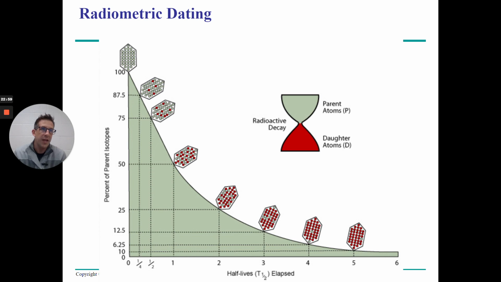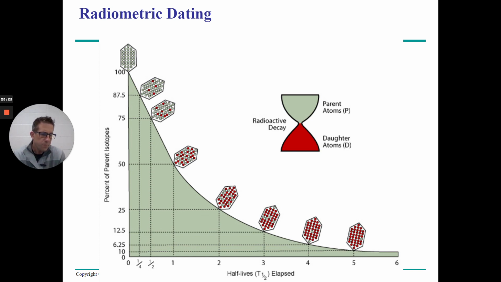And what actually happens is that when we die, our body stops incorporating carbon, and we now have this finite amount of carbon-14 in our bodies. And so what carbon-14 does over time is it decays into a different atom. I think it's nitrogen-14 is what it decays into.